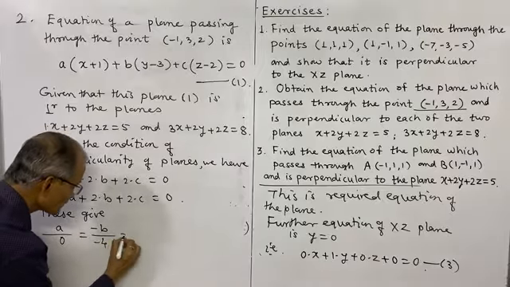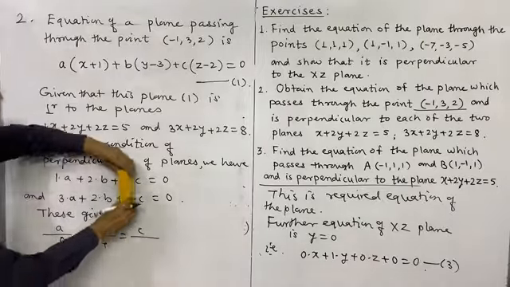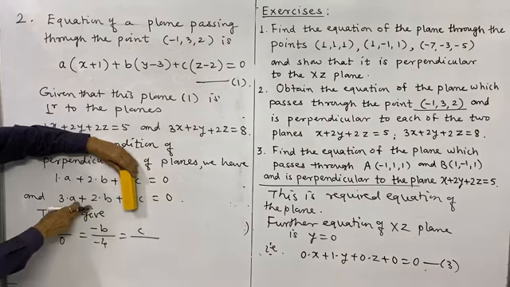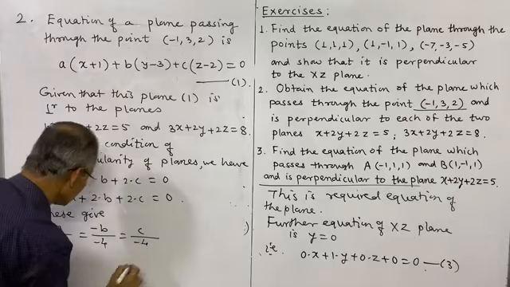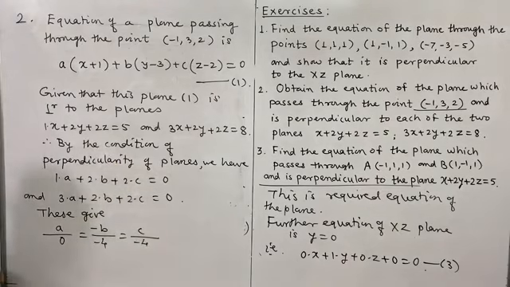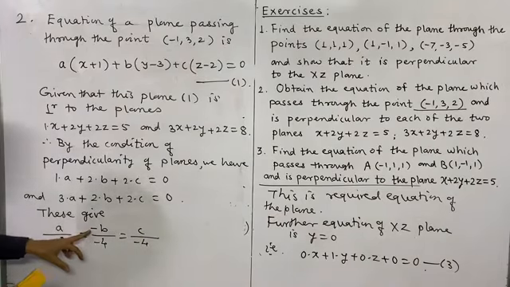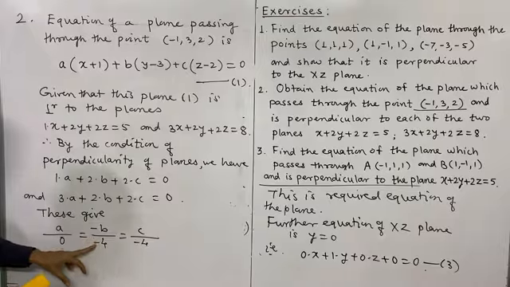And next is C divided by. C divided by, it is 1 into 2, that is 2, and 2 minus 6, again minus 4. Check this. We shift this negative sign to the denominator, it is positive, and we can divide by 4.